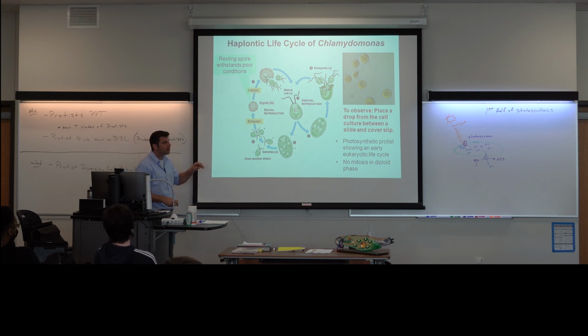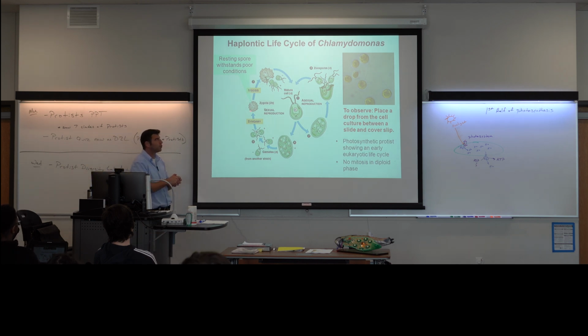What I'm trying to say here is that there is no multicellular diploid phase. It's just a single diploid cell that doesn't last very long. Obviously, what we can see here is that diploid cell is better at surviving harsh conditions. So when the pond dries up, that's when they switch over to this diploid cell, and they really just wait for conditions to improve.